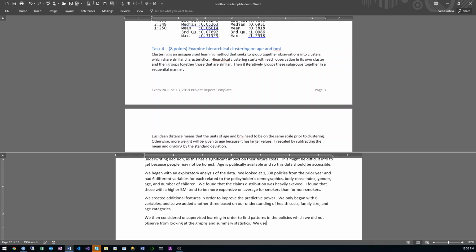We used hierarchical clustering, which allows us to set the cutoff threshold to choose the number of groups that we cluster into.